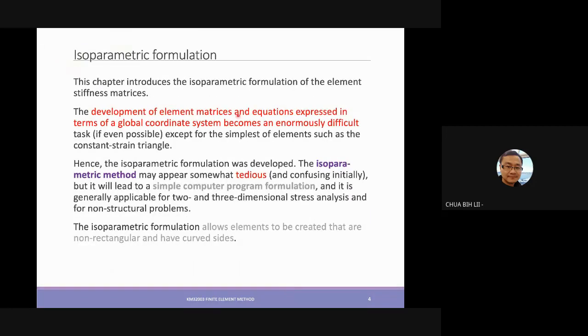So this chapter will introduce you to the isoparametric formulation of the element stiffness matrix. Previously, you were exposed to the direct stiffness matrix formulation, where you can easily grab it after you understand how to formulate it. You were taught how to start from displacement functions.